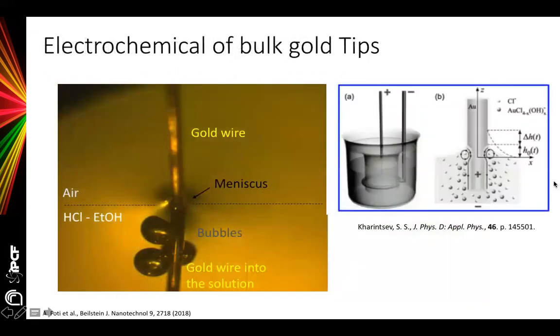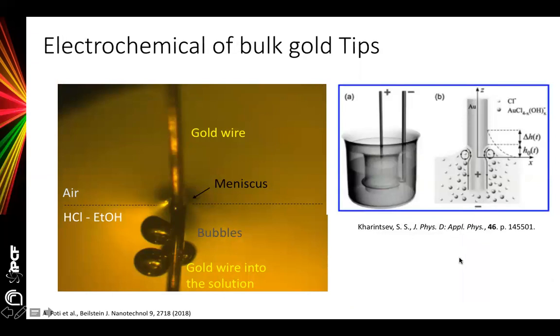When we put a bias voltage between the wire and the ring, an etching process starts at the meniscus formed by the air-solution interface at the wire position. The etching at the meniscus is much more intense compared to the etching in the bulk inside the solution.